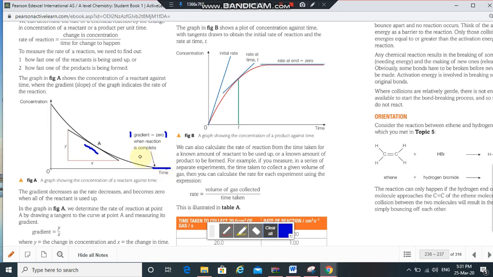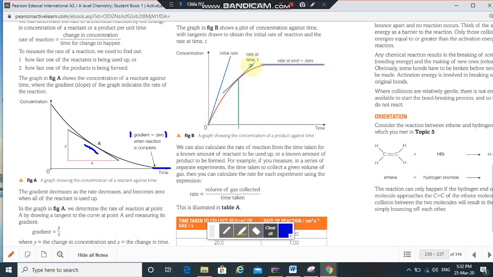Okay, if we sketch a graph for a product, the graph will be the opposite of the one for the reactant. It will be an increasing curve. Okay, this is an increasing curve.